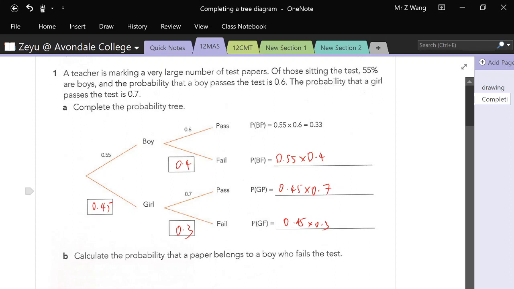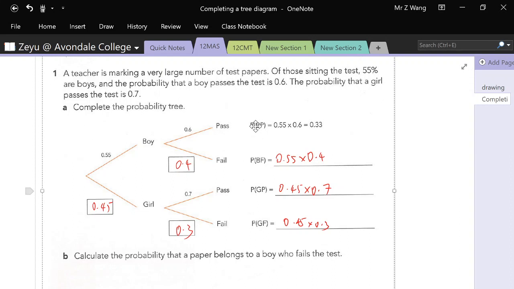What is really happening in mathematics is that this is a boy and pass, because it is a boy and this person passes. The English has to be changed to math, and in math we really mean it's and. This is just the wording that you have to understand.